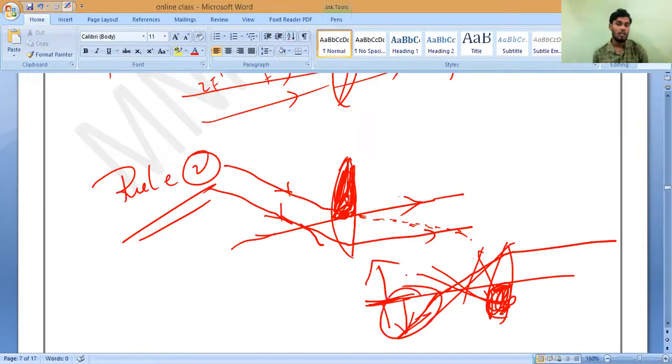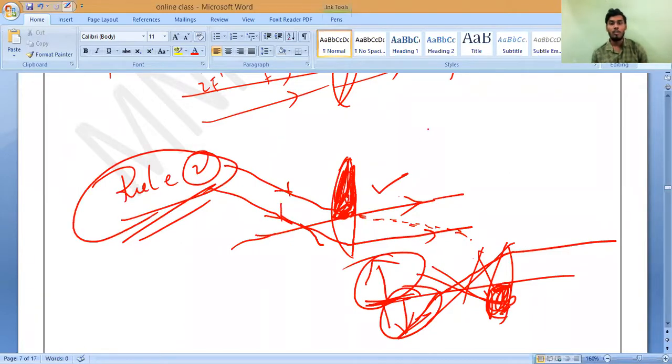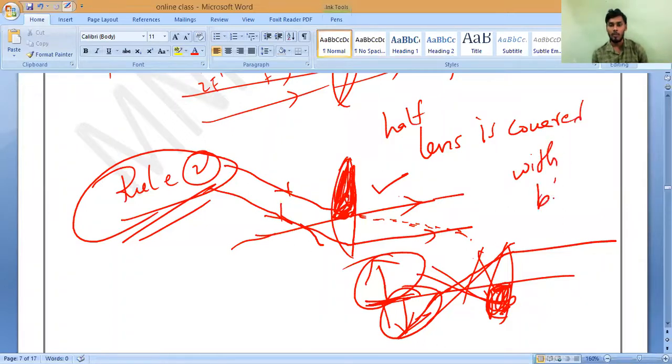So in this case alone, when half of the lens is covered with the black paper, then we can use rule number 2 and rule number 3.